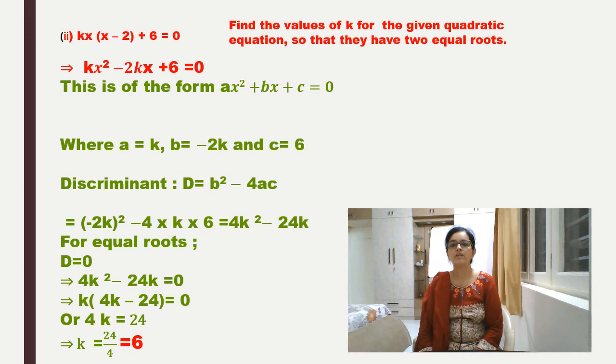In this question, you can see that it is not in the quadratic form. So our first step is to convert this equation into a quadratic form. How can we do it? We'll first multiply kx with the terms in the bracket. So we get kx squared, and then the middle term is minus 2kx, plus 6 is the constant term, that is equal to 0.